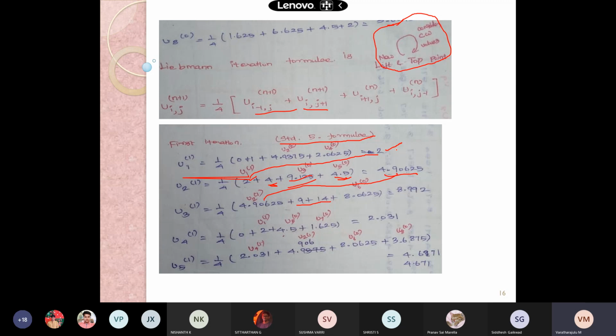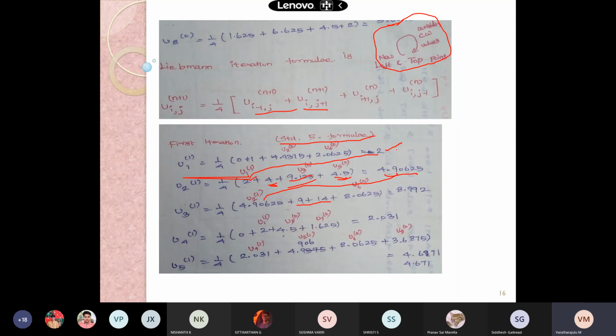In the same way you can calculate your U3, with A as your newer calculated U2. So U3 is 8.992, U4 is 2.031, and U5 is this.